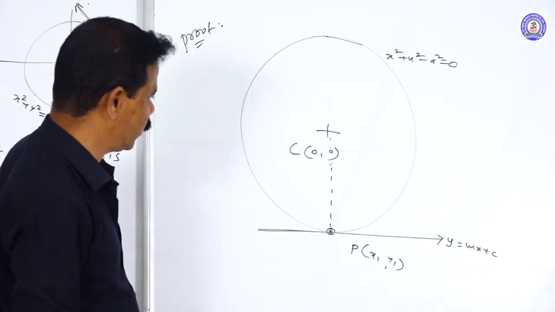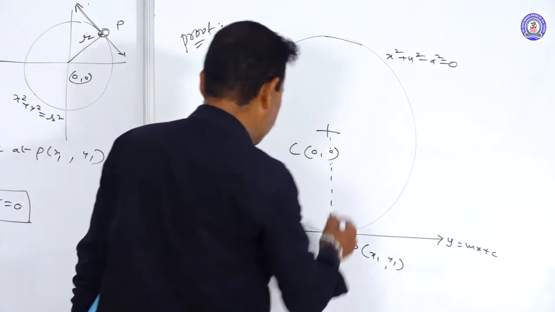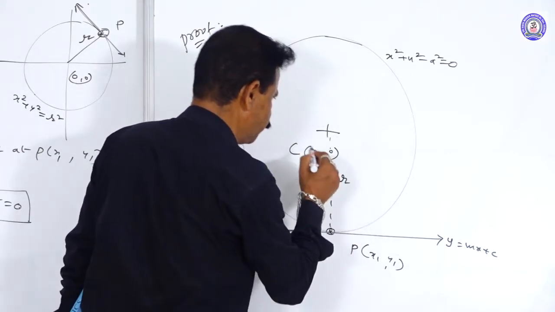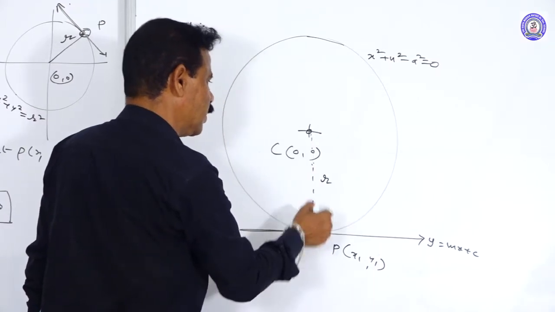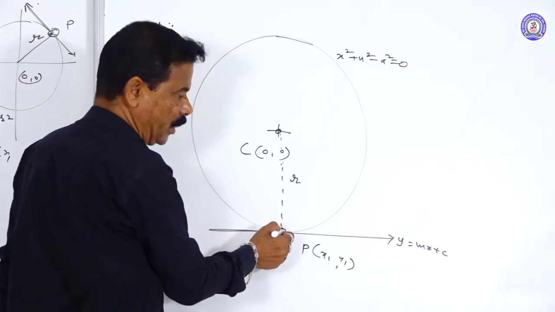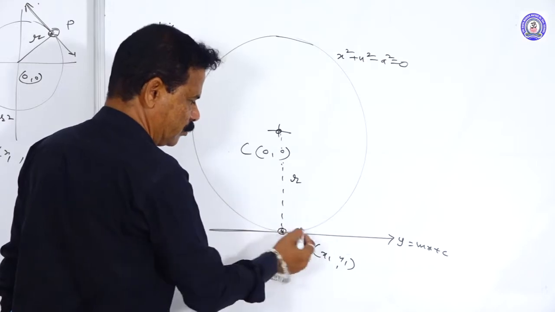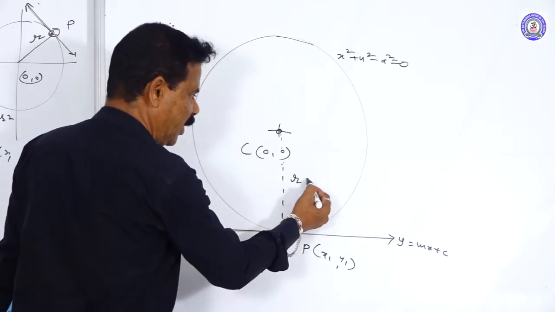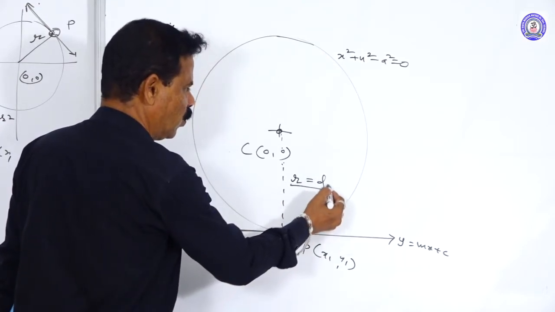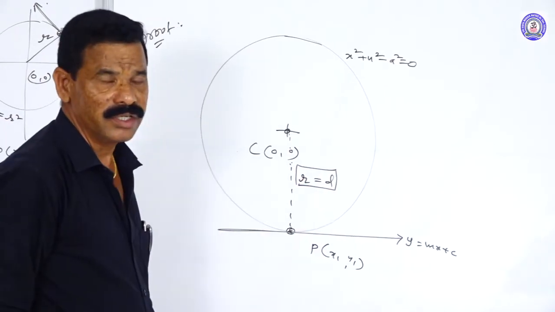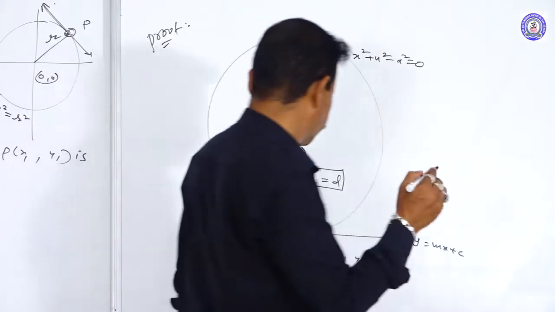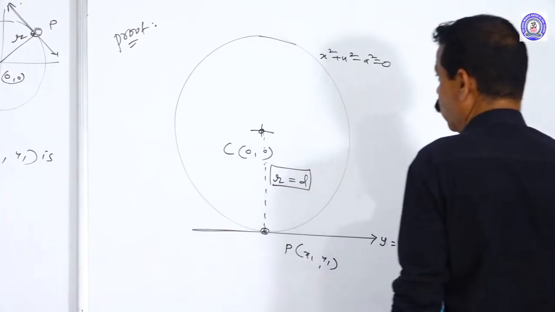Here this is the radius, and the distance from the center to the line is d. So r = d is the condition for the tangent.